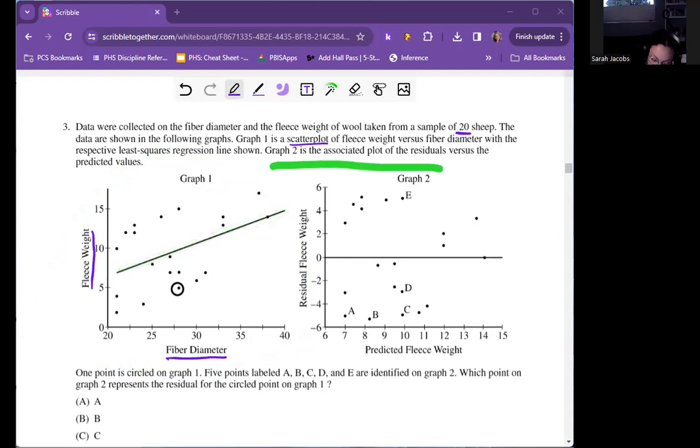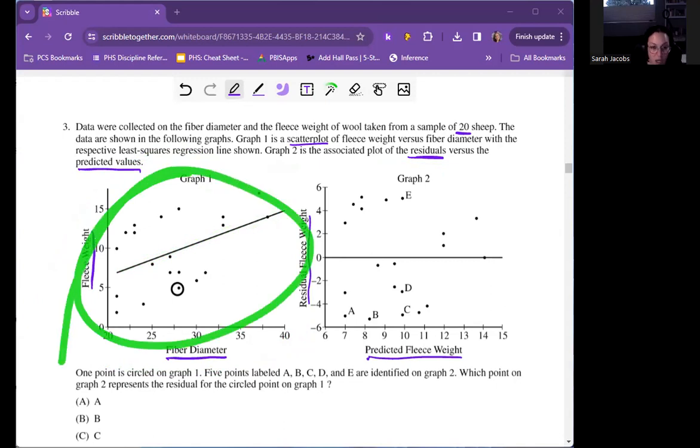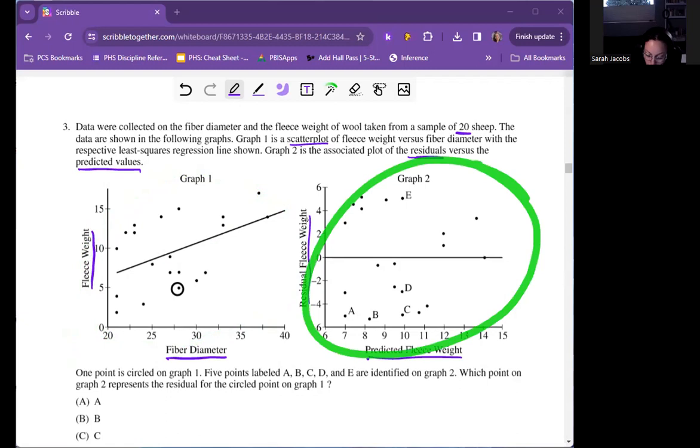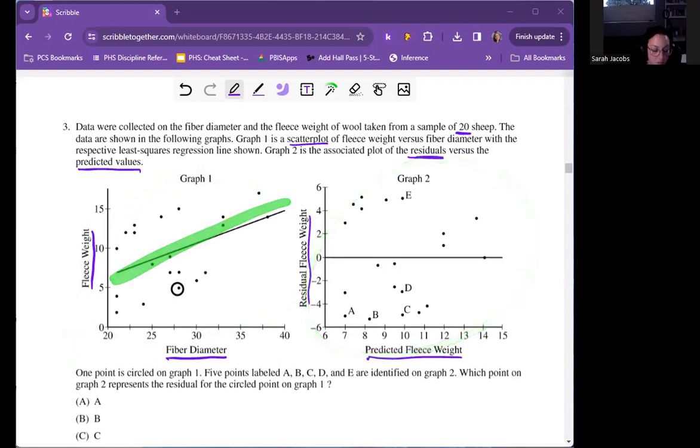Graph 2 is the associated plot of the residuals versus the predicted values. So here's our predicted fleece weight and our residual fleece weight. It's really important that you understand and clock the difference between a scatter plot and the residuals. Scatter plots should have a reasonable pattern, right?